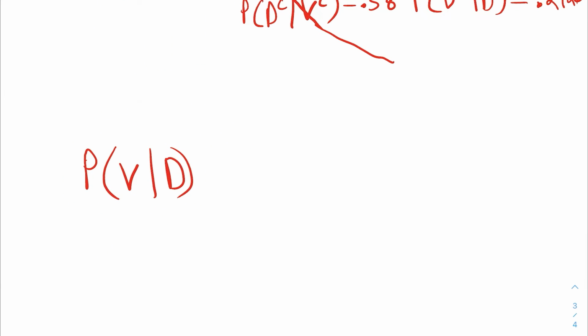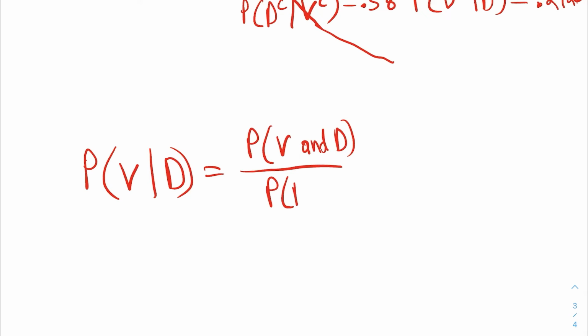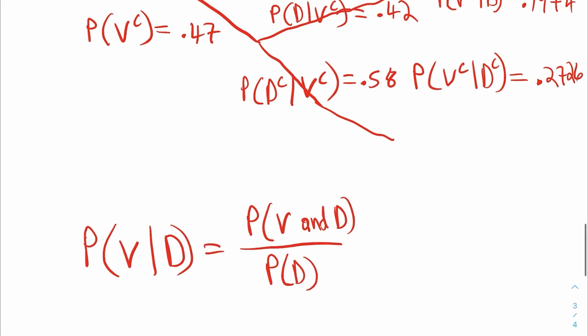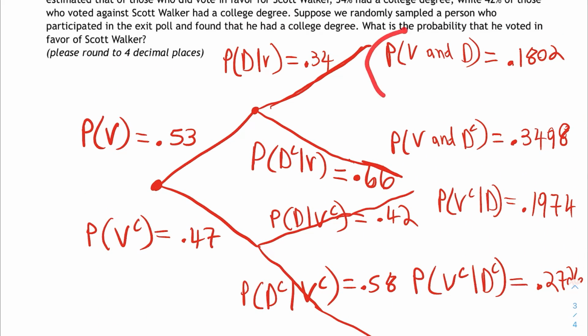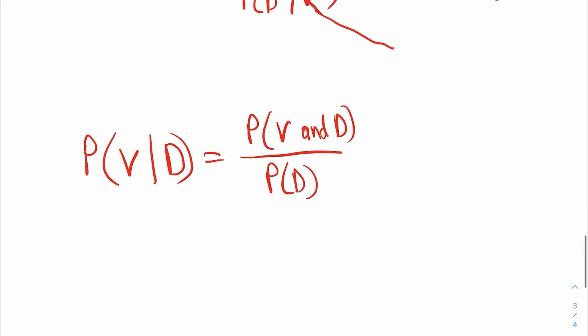By definition, this probability is equal to the probability of V and D divided by the probability of D. That's the definition. And we have part of this. The probability of V and D, 0.1802, is the first joint probability we found.